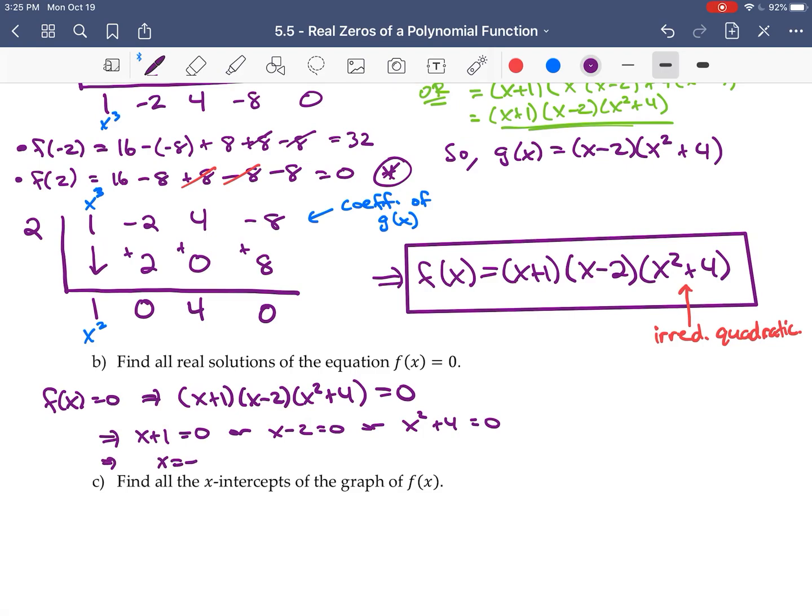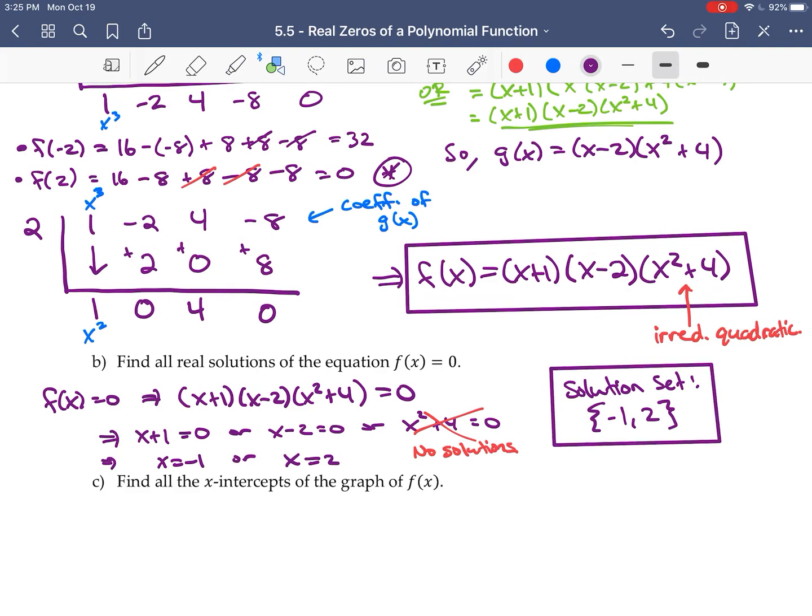So that means that x is minus 1 or x is 2. This one has no solutions because the x squared is always positive. So if I add 4 to it, I'm going to be something positive. Okay, so the solution set here would be the set containing -1 and 2. Okay, so both of those are solutions to where f of x is 0.